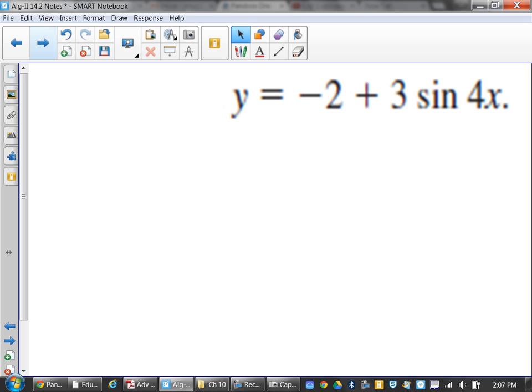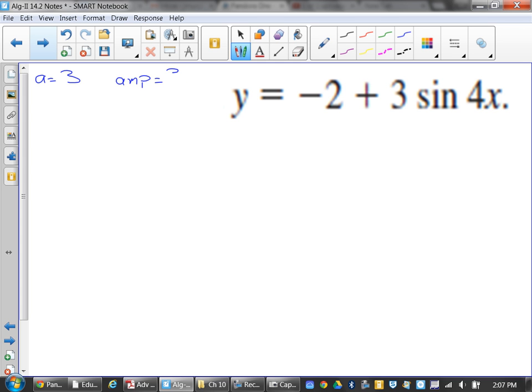So we have y equals -2 plus 3 times the sine of 4x. First thing we're going to do is list out A, B, H, K. So what's A? What's your amplitude? Good. What's your B value? So what's your period? Wait, that's the -2.